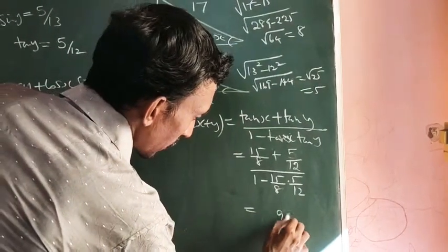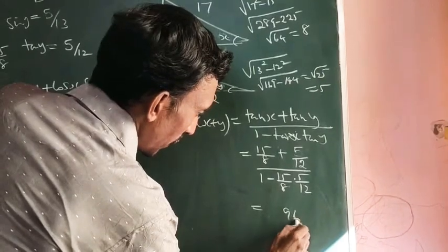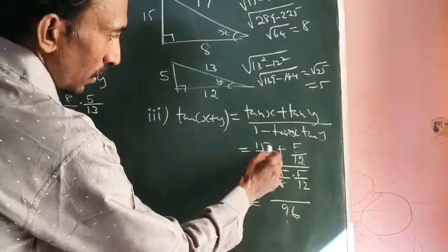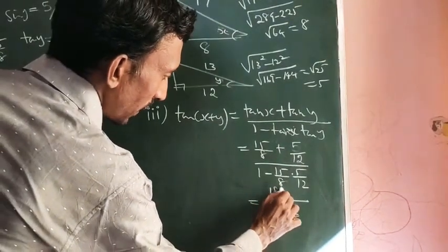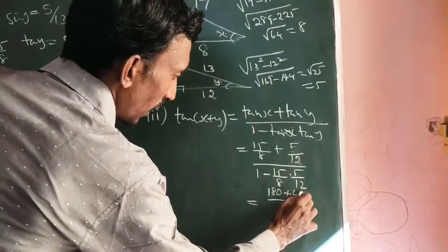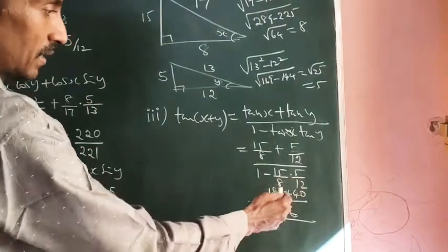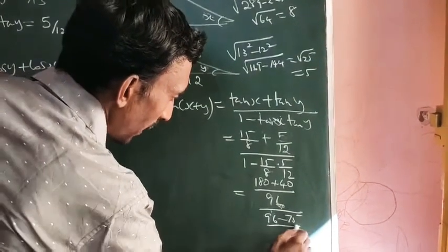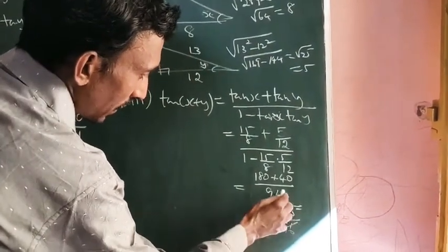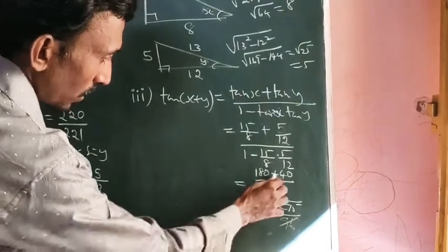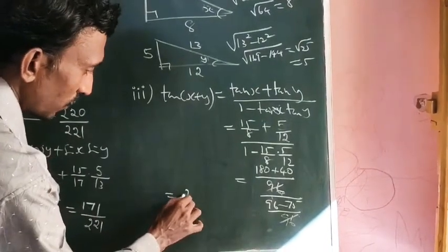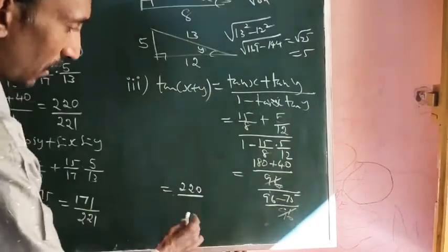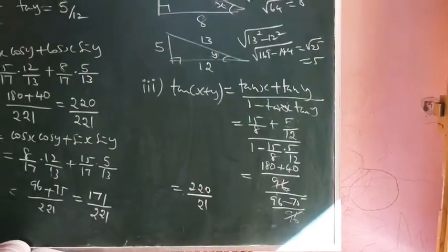So take the LCM in both numerator and denominator. Here 15 into 12 is 180, plus 40, divided by 96 minus 75 by 96. So 96 cancels. So the answer is 180 plus 40, 220, divided by 96 minus 75, that is 21.